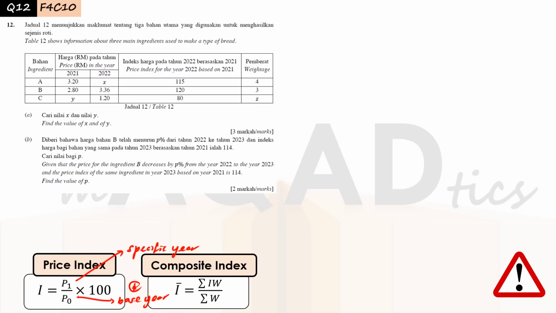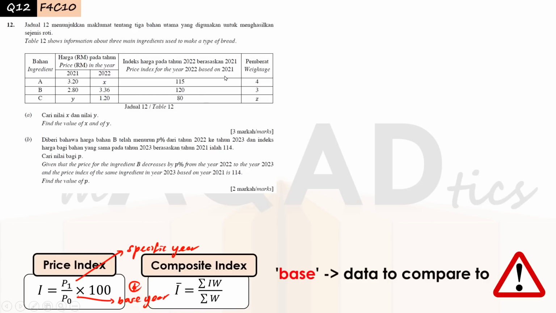So let's say I want to know whether my height is tall or short. The only way to know is to compare to a person, right? So the base would be the person that I want to compare to.